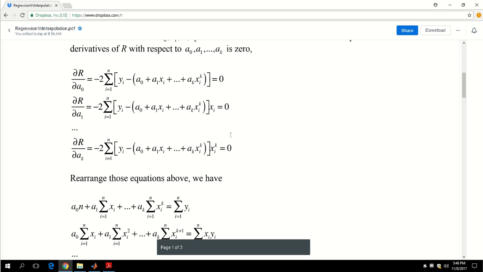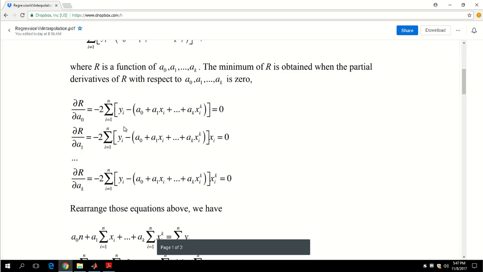Which means the length of the gradient vector at the optimal A values is supposed to be very close to 0. And this is a condition that we can use to stop the iterations. If the length of the gradient vector is much smaller than the length of the gradient vector that we started with, which means it's very close to 0 now, then we can stop the iteration.